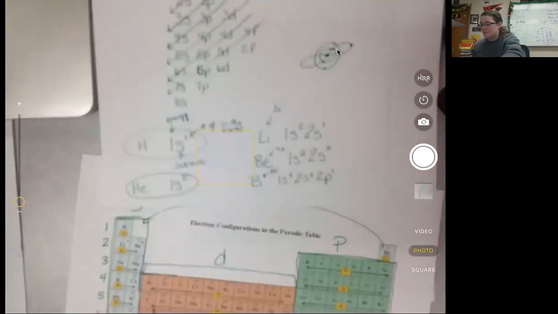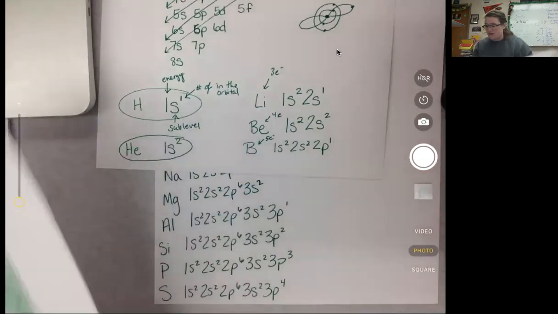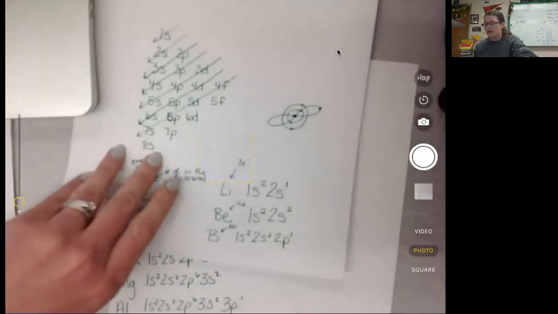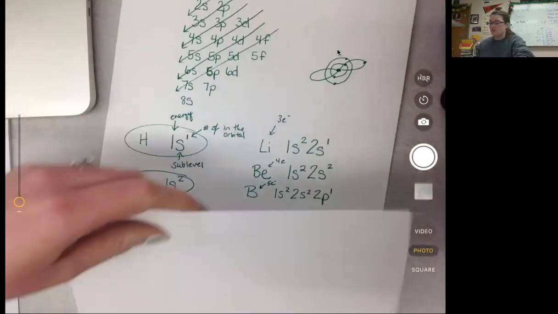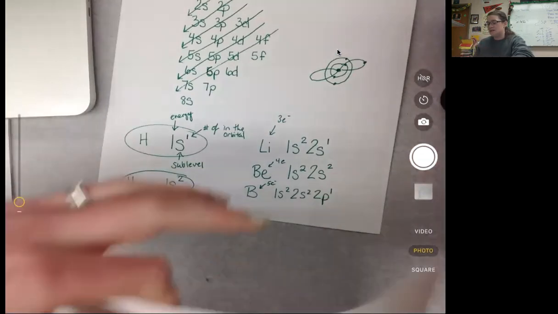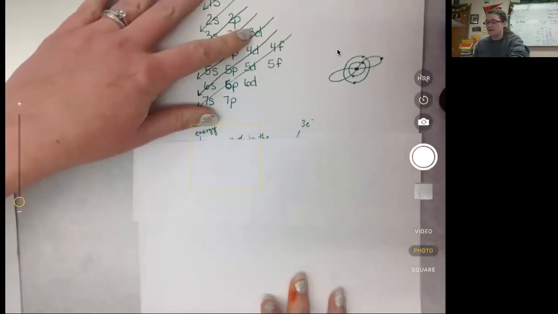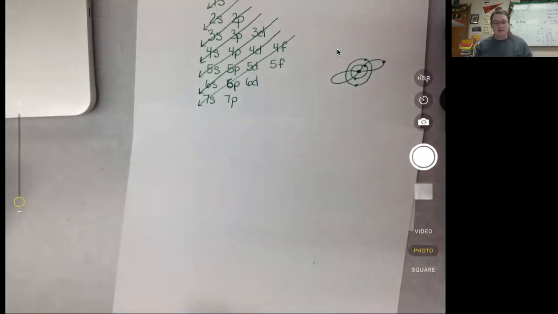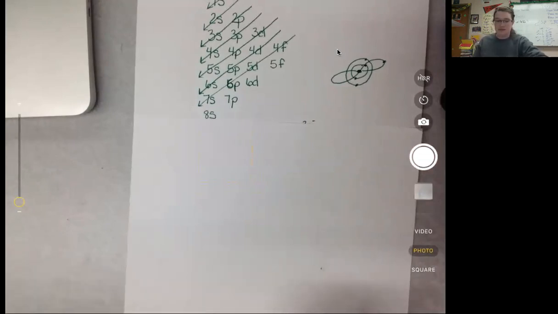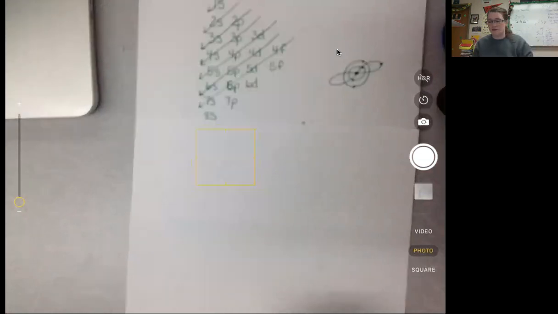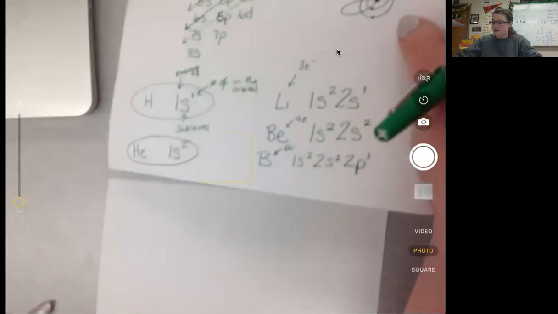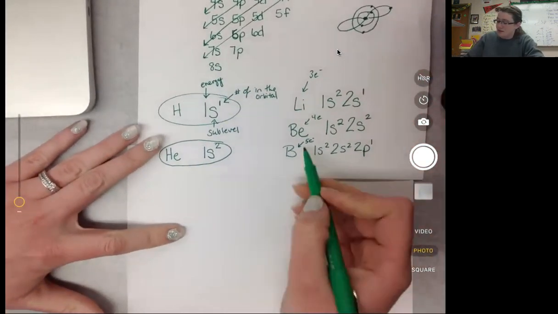All right, but what I'm really after then is shorthand notation. And so shorthand notation uses the noble gas beforehand. And so let's say I wanted to write the shorthand notation for, let's do ones that we have already done, like let's do beryllium.